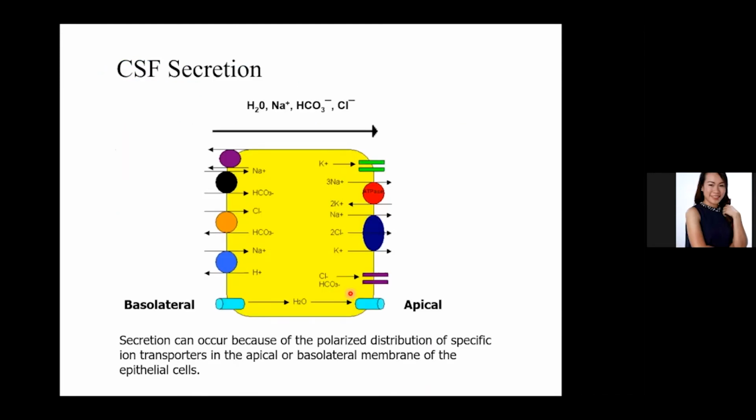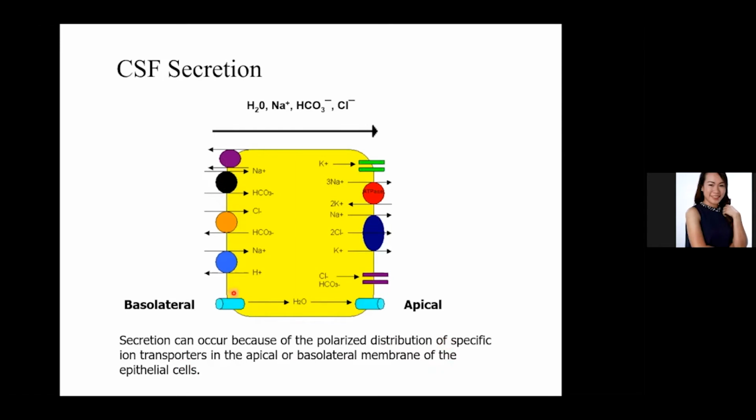Here in our next slide, we can see cerebrospinal fluid excretion. You have to take note that they may be secreted from blood into the CSF or absorbed from the CSF into blood. We can see here the basolateral membrane and the apical membrane. And secretion can occur because of the polarized distribution of specific ion transporters.